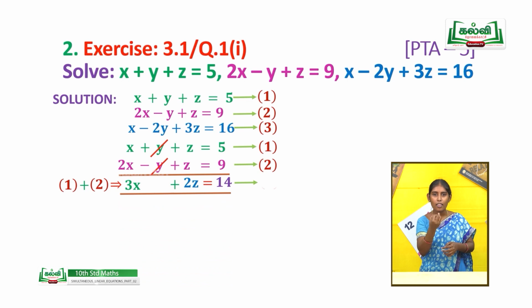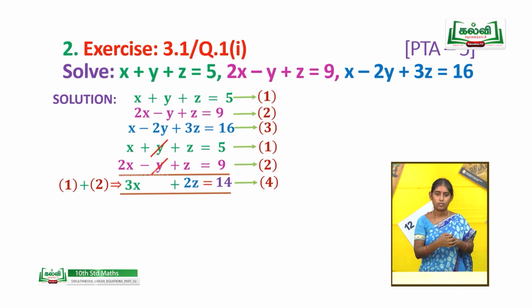After getting the new equation, what do we have to do? We have to give a new name to the new equation. Already 3 names were given, 1, 2, 3. So now we have to select the 4. So we can take equation 4. Now what do we have to do? This new equation contains the variables x and z.